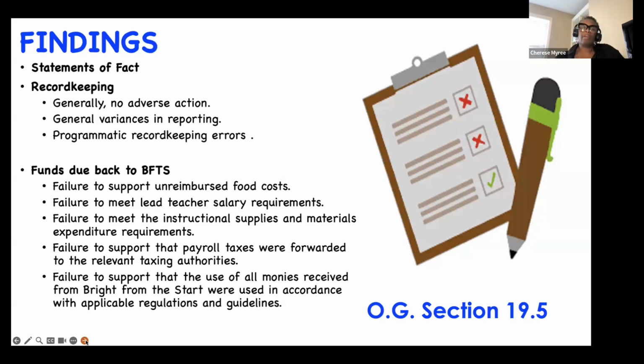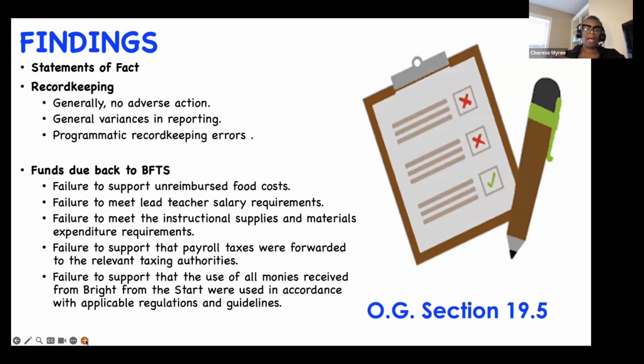When you are completing your reconciliation, you have to be very precise because the reconciliation is supposed to communicate how you used the money that Bright from the start gave you. It's okay if, for example, you underreported in one area and overreported in another on the actual reconciliation; the total number is going to reflect how much you spent.